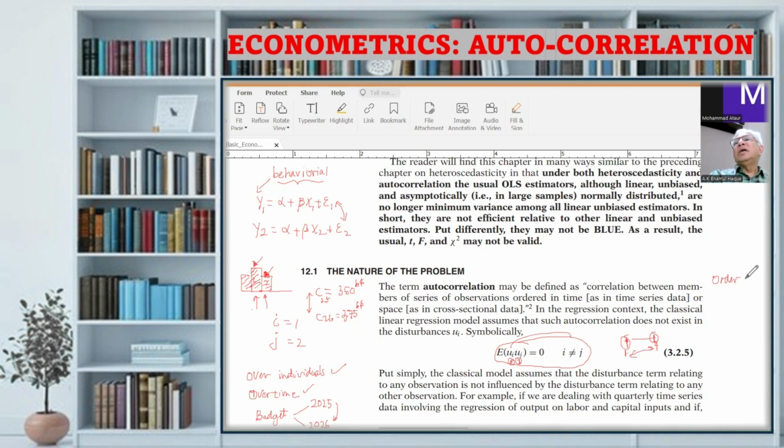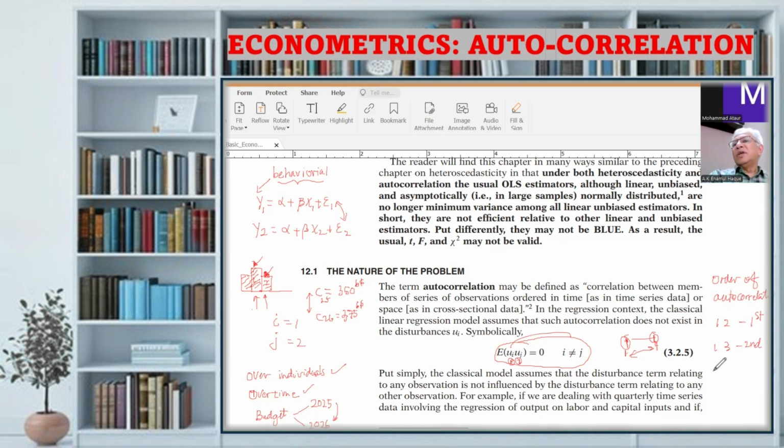This is known as the order of autocorrelation. If you say that autocorrelation exists, then, unfortunately or fortunately, there is an order. If it is between 1 and 2, we say first order. If it is 1 and 3, we say second order.